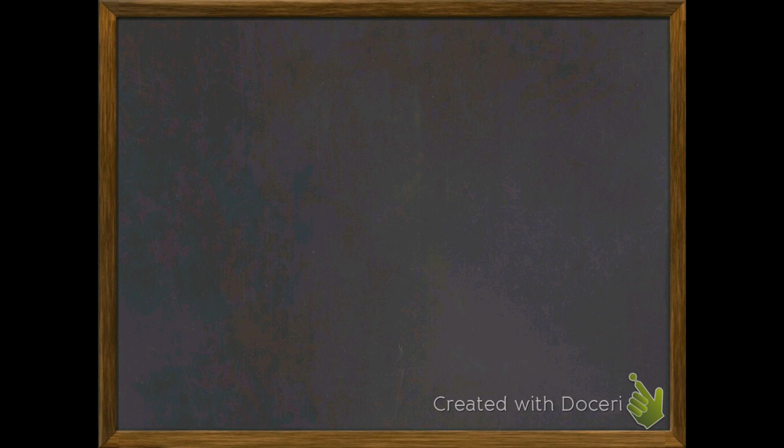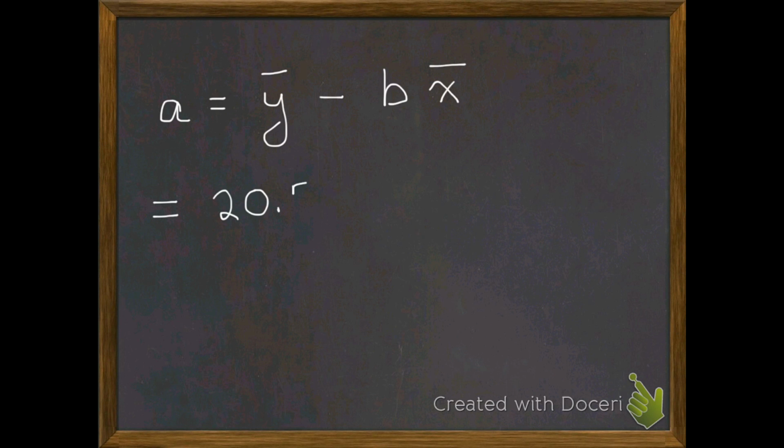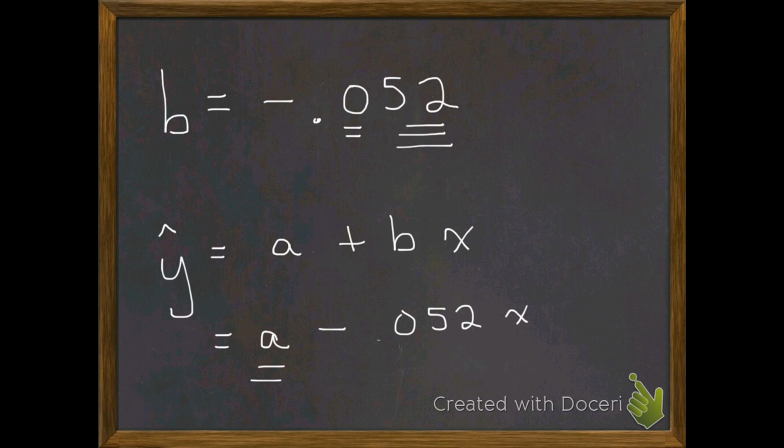Well, it turns out that our A value is easy to find. It's just the mean for our Y, the mean for our miles per gallon, minus our B value times our X bar. So guys, our Y mean was 20.79. Our B value we just calculated at negative 0.052.